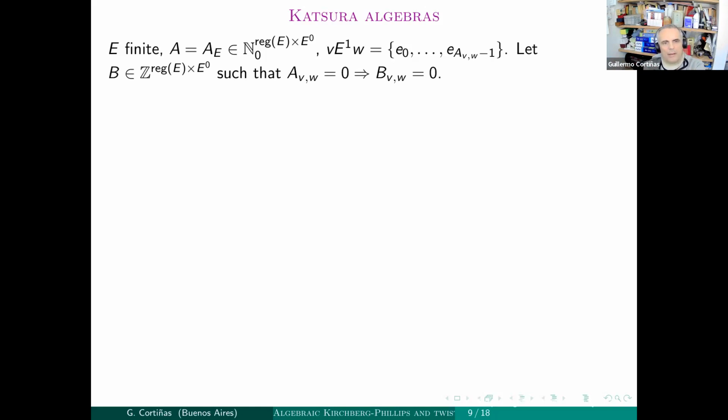Then you bring in another matrix, which may have negative coefficients. It just has to have integer coefficients. It must have the property that if a particular coefficient of the matrix A is 0, then so the same is true for B.